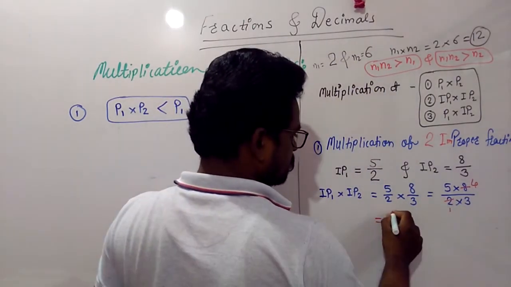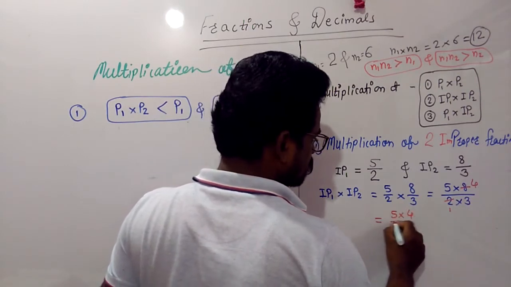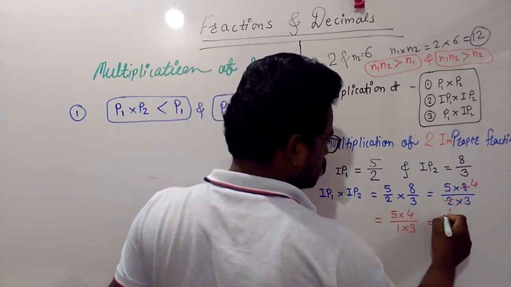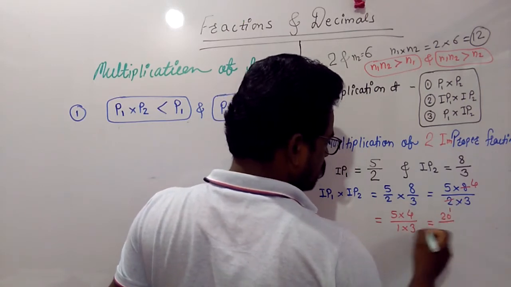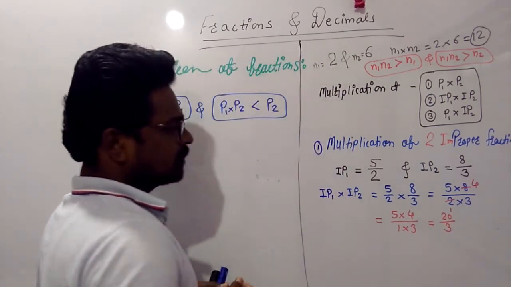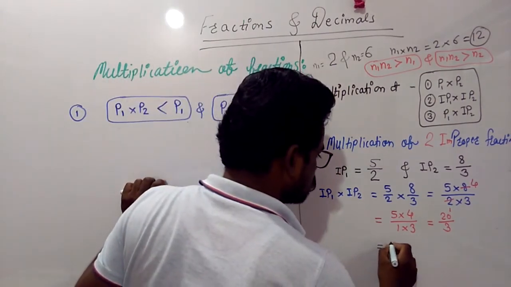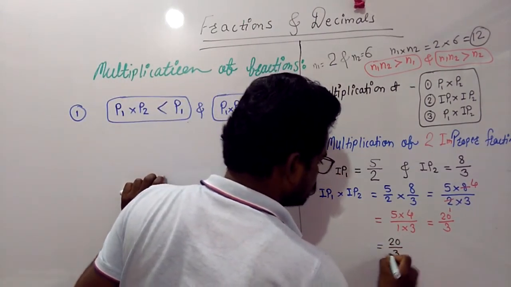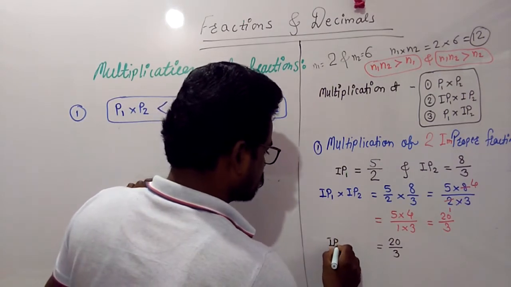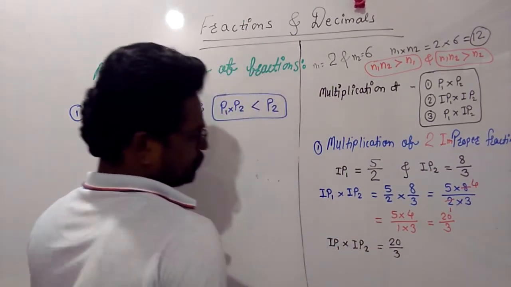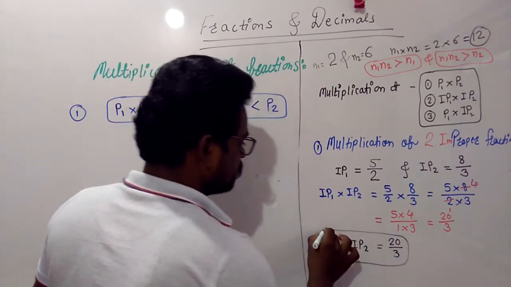So we can write it as 5 into 4 divided by 1 into 3, which is equal to 5 4s are 20 upon 3 1s are 3. So the answer is 20 upon 3. This is improper fraction number 1 into improper fraction number 2, which is equal to 20 by 3.